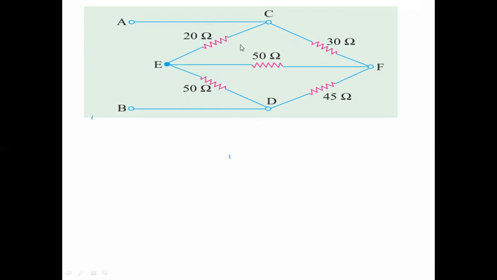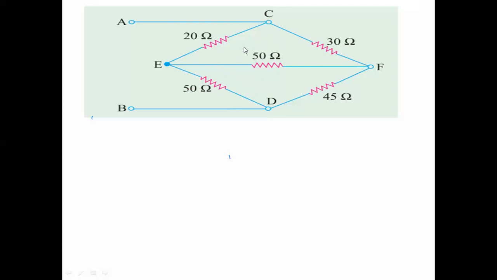In bridge circuits, definitely a delta network will be there, and that delta network will be converted into the star network. You can consider this delta formation and convert it into star, or you may consider this EFD delta combination and convert this into the star. You can take any one.